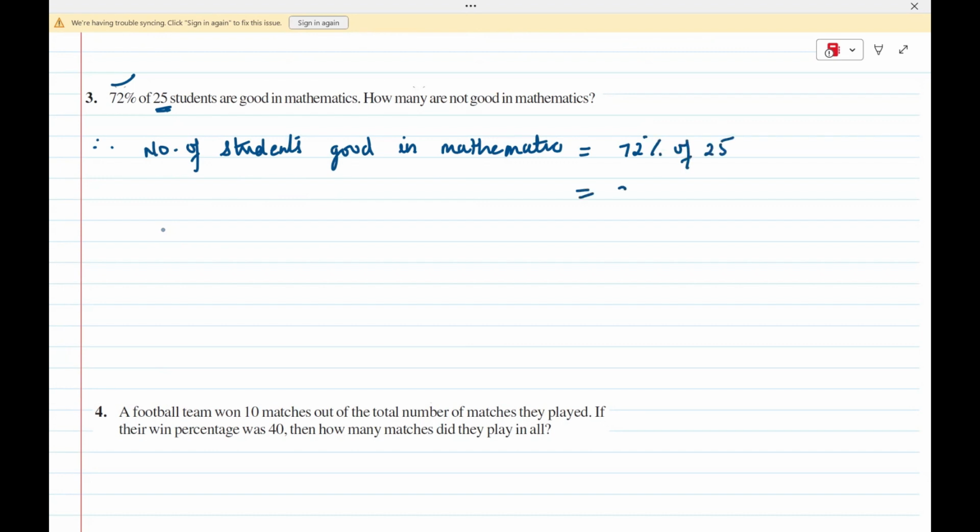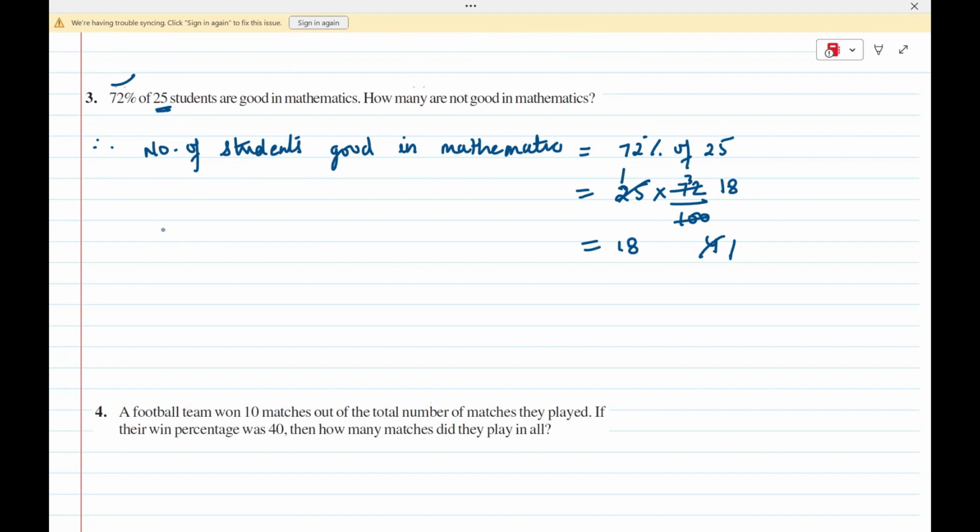So of means what? Exactly, it is multiplication. So whenever a quantity is percentage, write 100 in the denominator. Now here 25 ones are 25, 25 fours are 100, cancel, 4 ones are 4, 4 eights are 32. So 18 students are there who are good in mathematics.